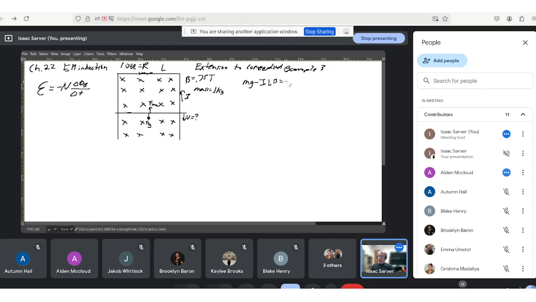So 0 newtons. Oh, I guess I do need the L. Looks like I do need the L of that, so let's make it a half meter.